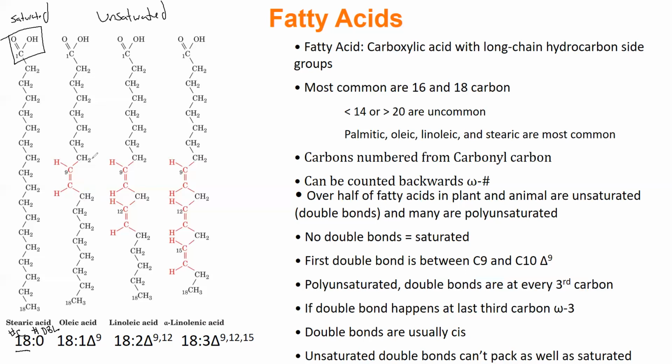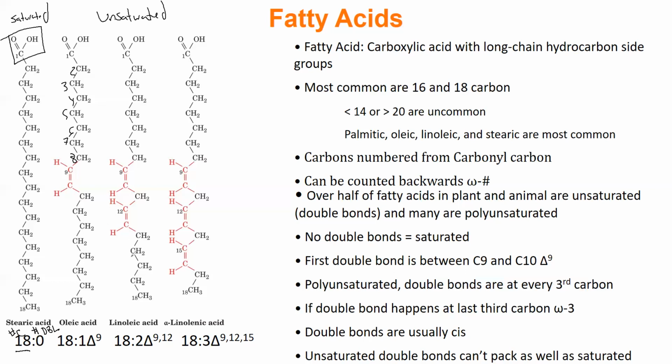And when you have a double bond, you start counting like normal. So carbon 1, 2, 3, 4, 5, 6, 7, 8, 9. So here's carbon 9. That's where our double bond starts. So this is called 18 colon 1, the 1 because we have 1 double bond, delta 9. This delta 9 says our double bond starts on carbon 9.